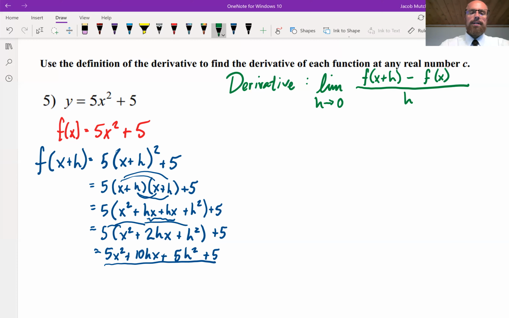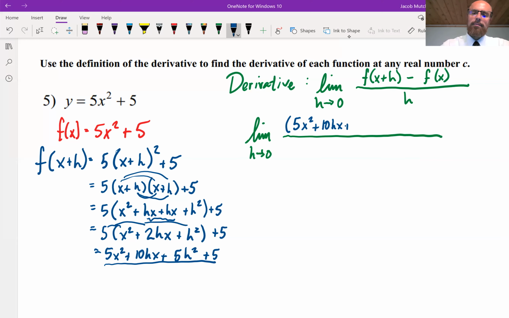So let's take these two expressions, plug them into our green derivative definition. This is the limit as h approaches 0 of f of x plus h. So that is that expression we just expanded. So in parentheses, 5x squared plus 10hx plus 5h squared plus 5.